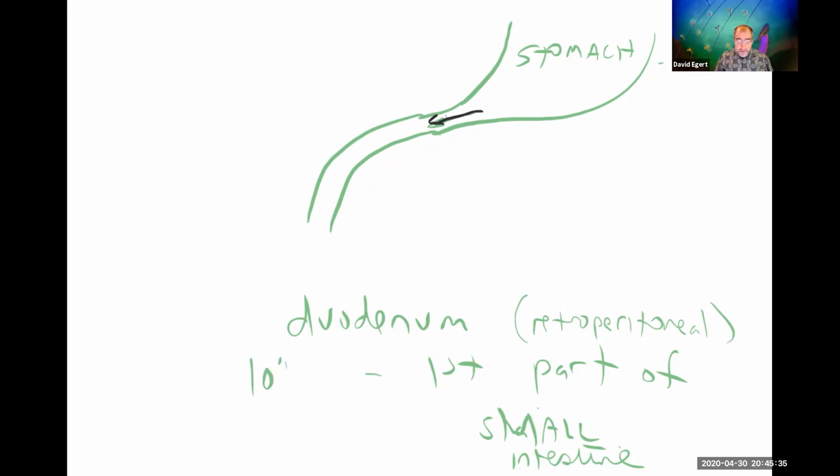I think duodenum comes from a word that means 12 fingers, because it's about the length of 12 fingers side by side. It's kind of a weird name for it. So it's a place where your stomach is adding in its mix. We need to now add in the pancreas.